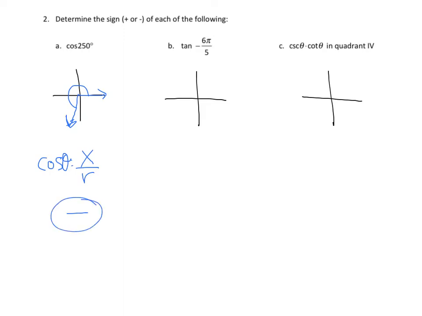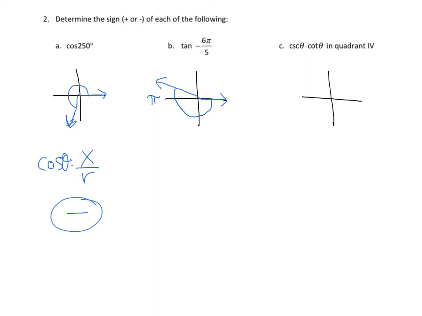For tangent of negative 6 pi over 5, we always start with our initial side on the x-axis. I'm going to swing down for a negative angle in this direction, and 5 pi over 5 would be equal to pi, and we're going to go a little further than that, so I would end up in quadrant 2.